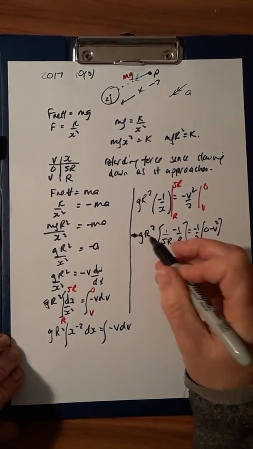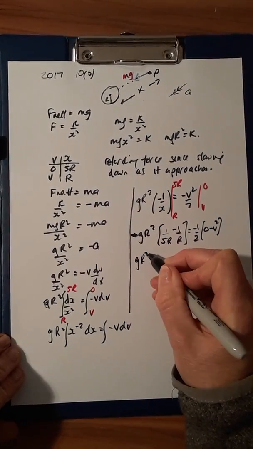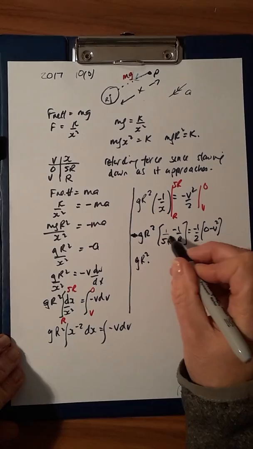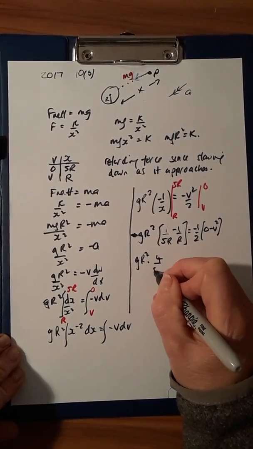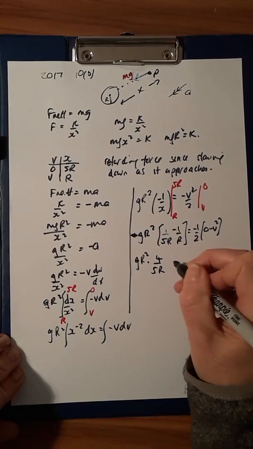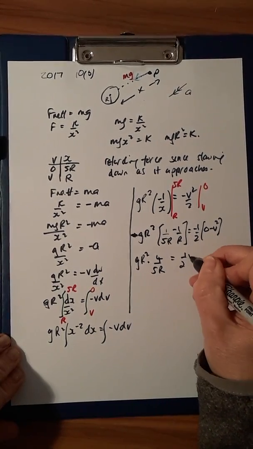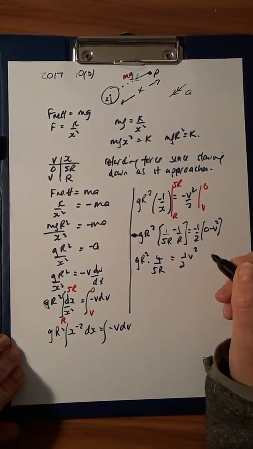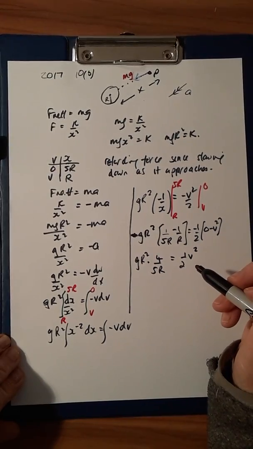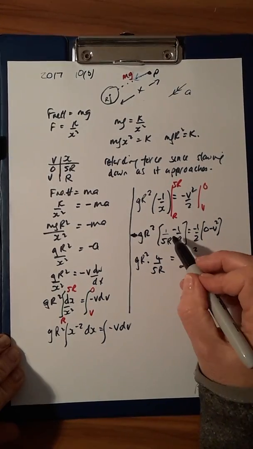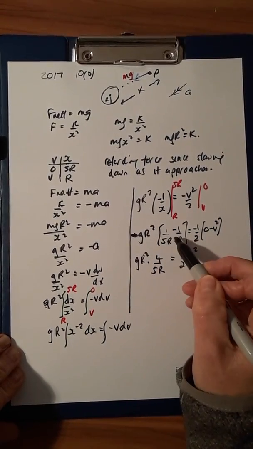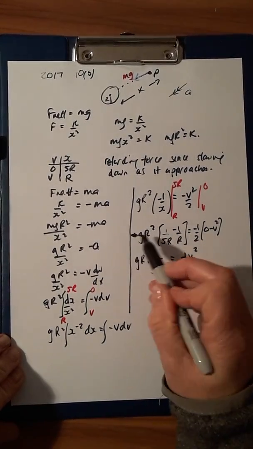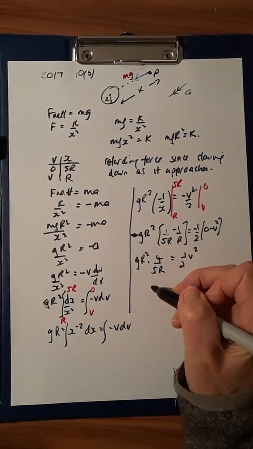So minuses on both sides will cancel. When I subtract those, that will become 4 over 5r. Sorry, there's a plus. This minus will cancel with that minus there, that would be a plus.